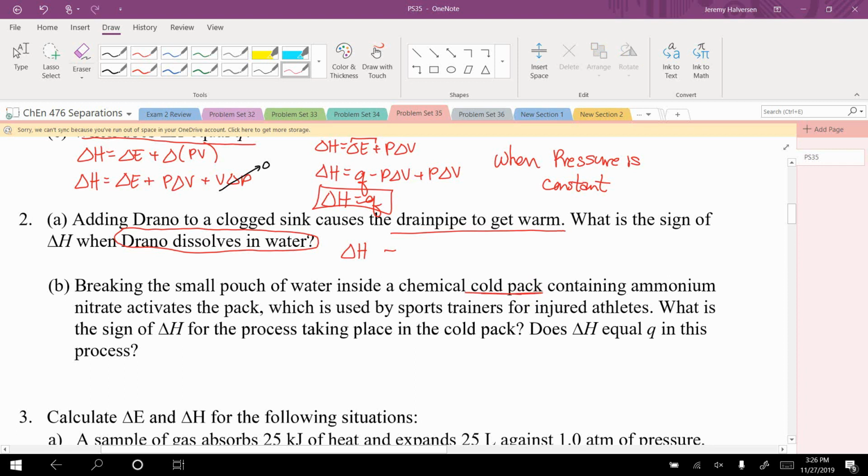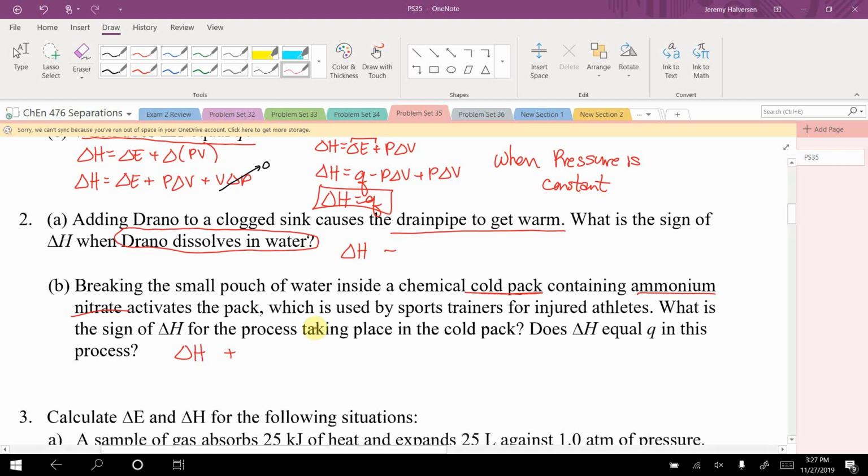So what's the delta H for the process taking place inside the cold pack? Well, the solution in there gets cold. That means that heat must be being removed from that solution when the ammonium nitrate dissolves. The ammonium nitrate dissolves, it sucks heat out of the water in the pack, so the pack gets cold. Well, that means that the delta H must be positive if it made that surrounding water get colder.